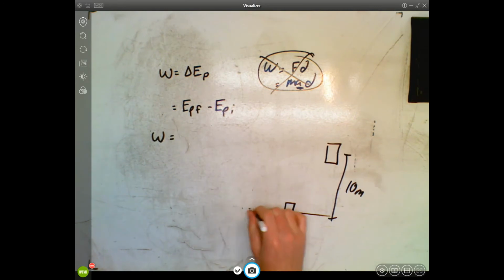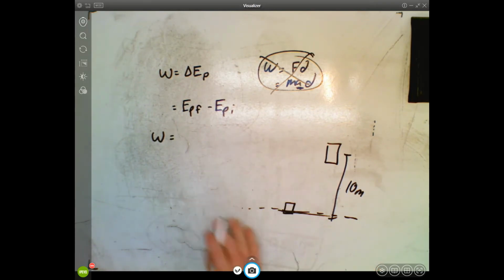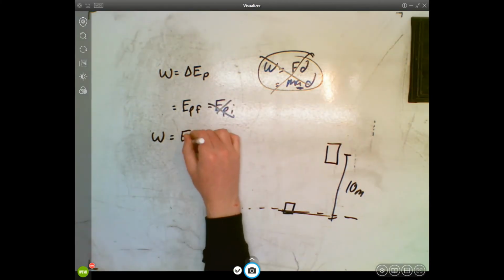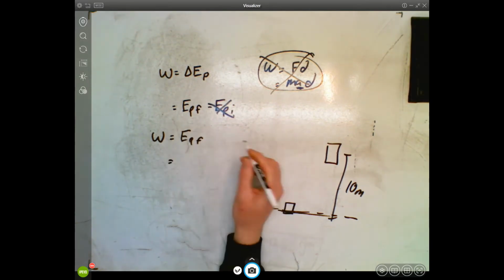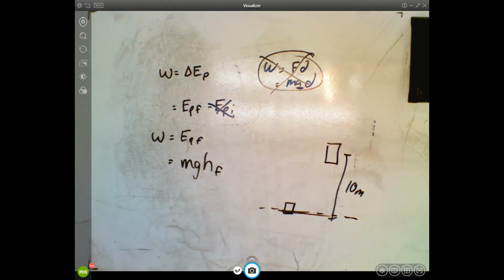Our reference point is the ground, and anytime you're at your reference point, your potential energy is 0. So we have no initial this time, it's just our potential energy final, which is mgh with our final height.